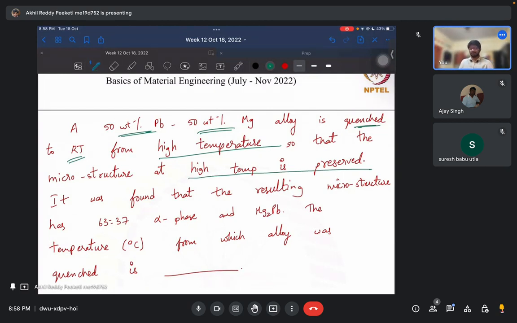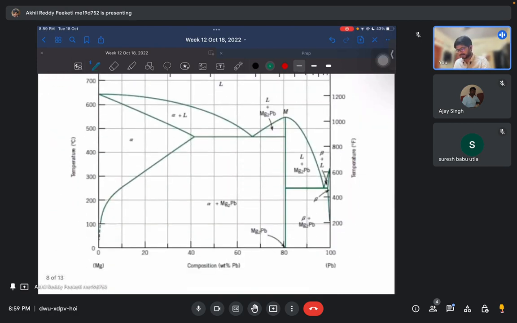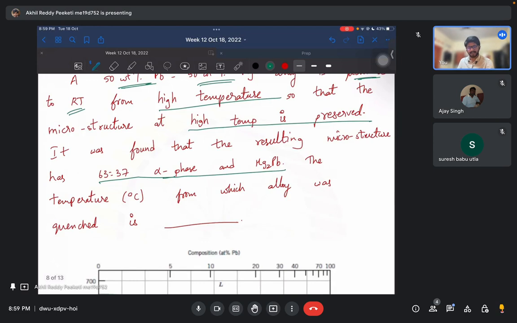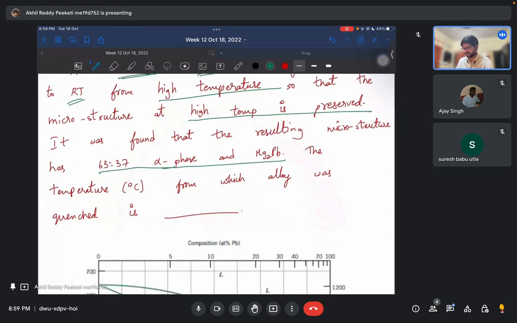So we are suddenly cooling from some temperature and making sure that whatever microstructure is there at that temperature will stay at room temperature also. Now, the resulting microstructure has alpha phase and Mg2Pb in the ratio 63 to 37. If you see the phase diagram, Mg2Pb is one of the phases, like cementite in Fe3C, an intermetallic compound.